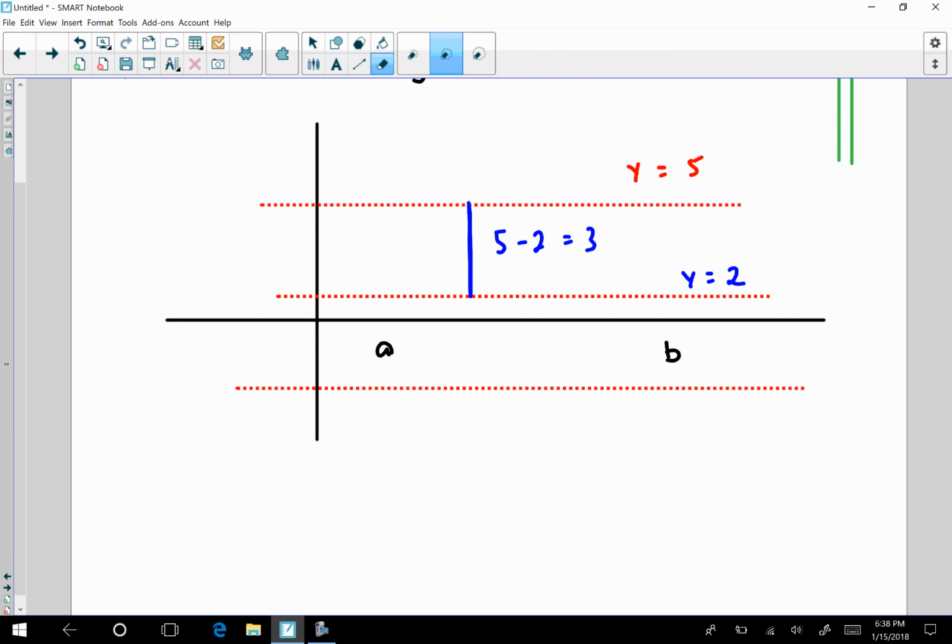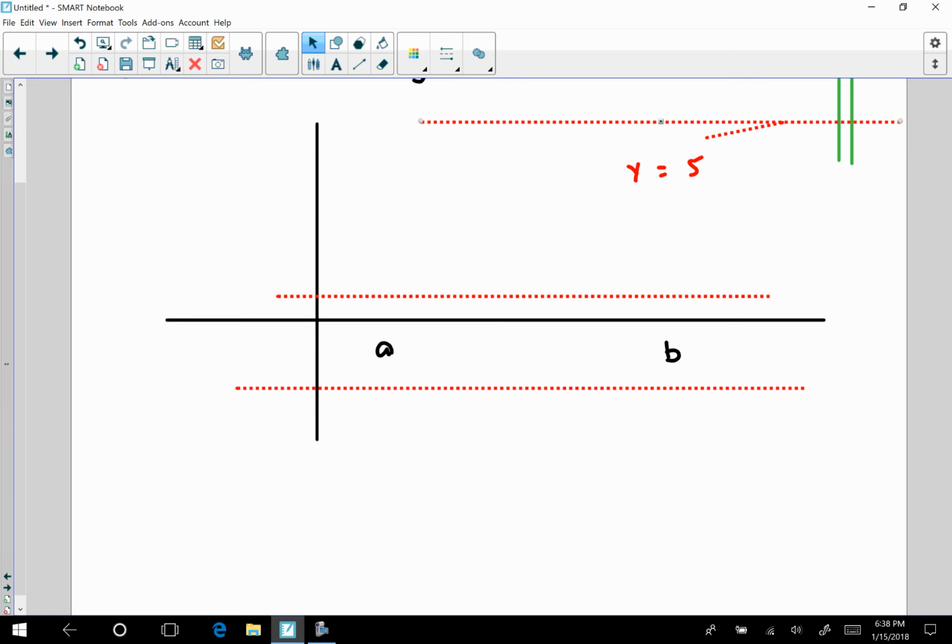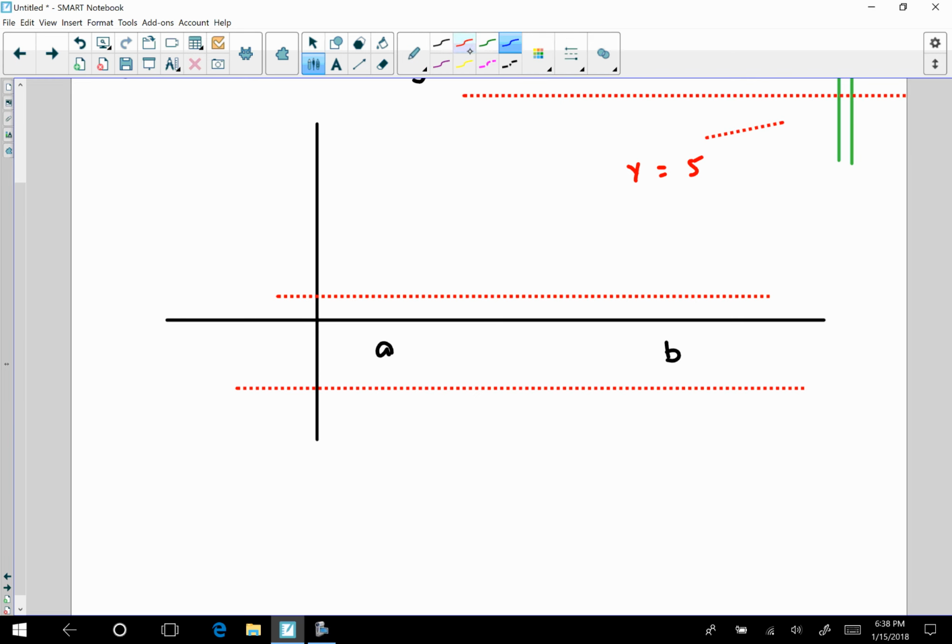Let's pull these guys out of here for a moment. Again, we can let the top guy be y equals 2, and we'll let this bottom guy be y equals negative 3, if you will.